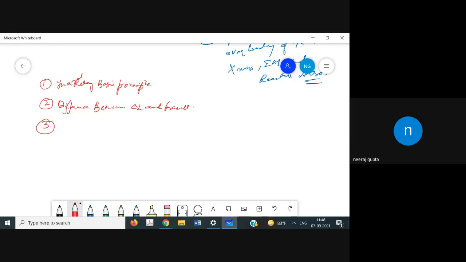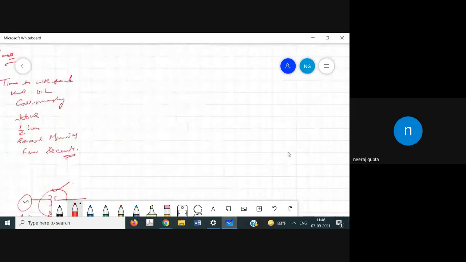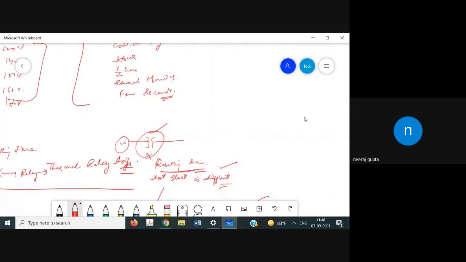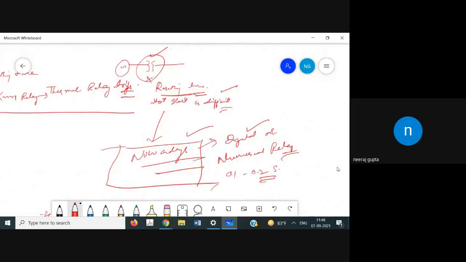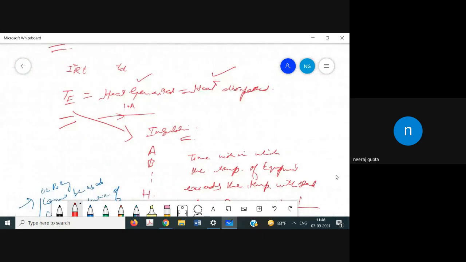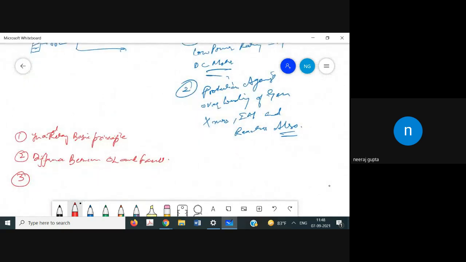Then you can also, after that, what we have discussed this. Okay, resetting time. Then he can ask that what is resetting time?